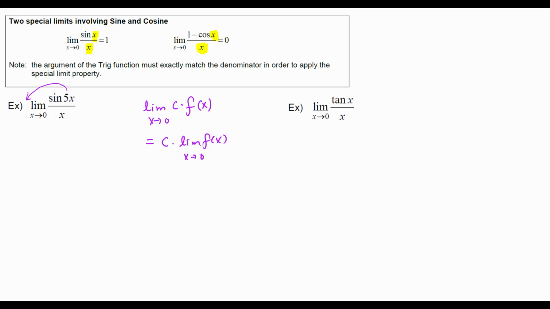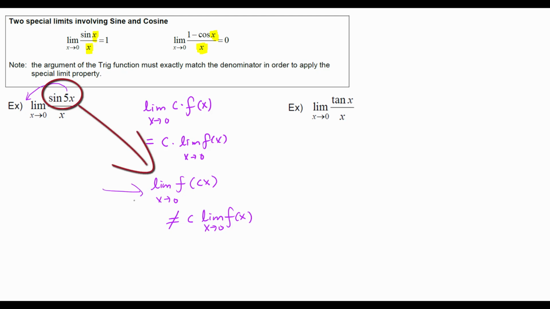So these two are equal. It is true. But what's not true is that the limit of f of cx as x approaches 0 is not equal to c times the limit as x approaches 0 of f of x. So if you're pulling that 5 out, you are doing this right now, which is not true. So you cannot pull that 5 out.